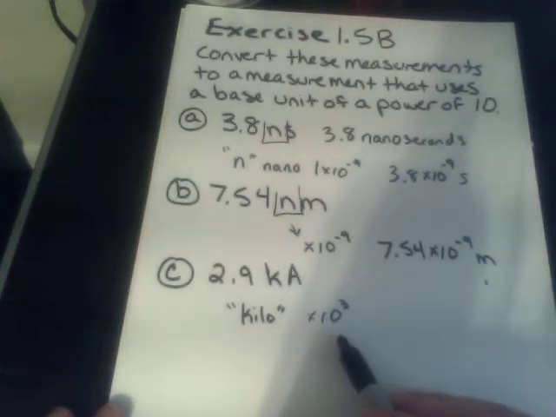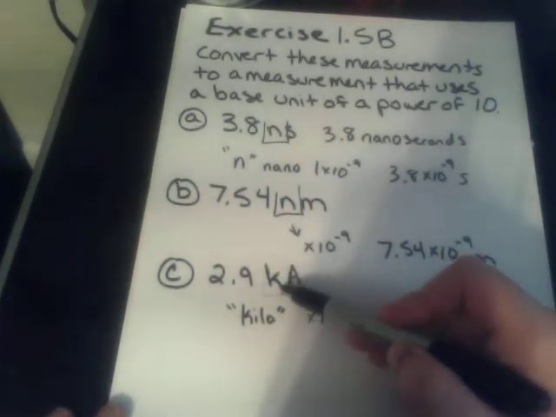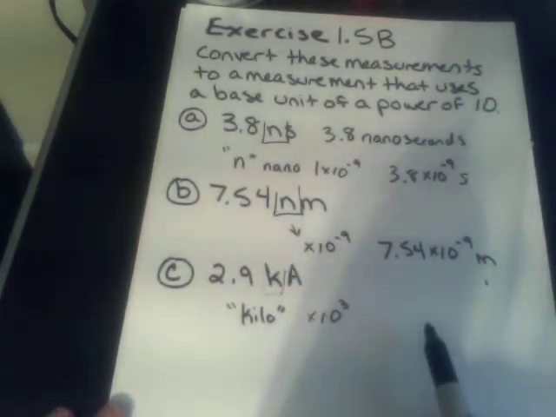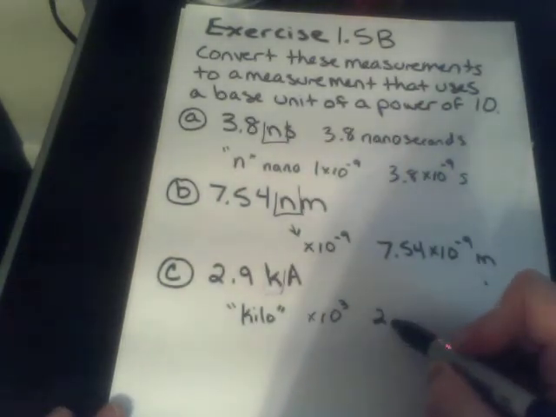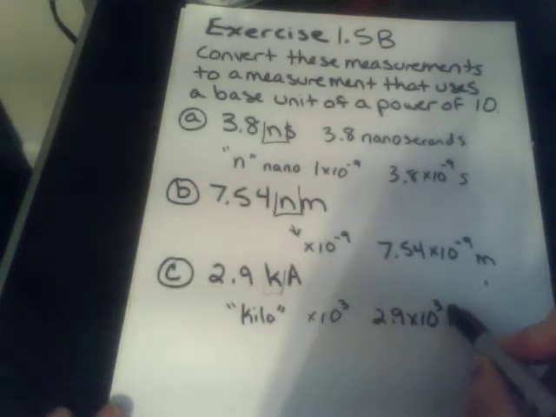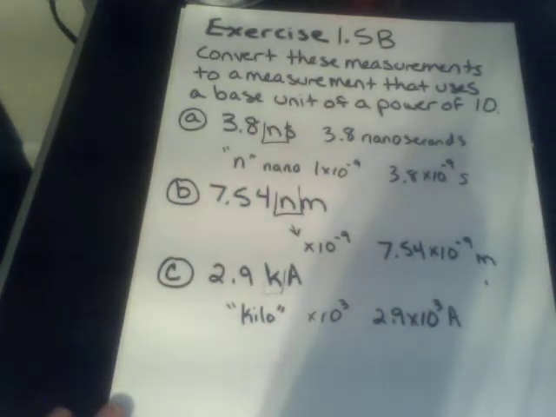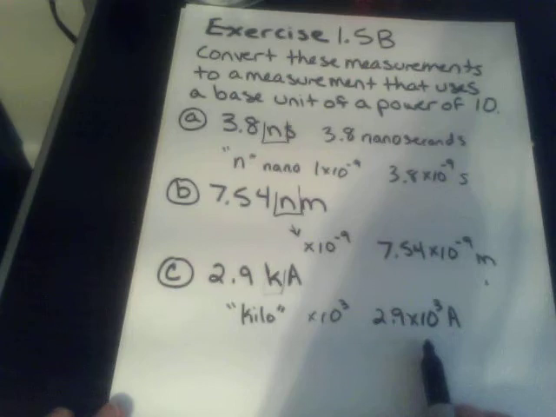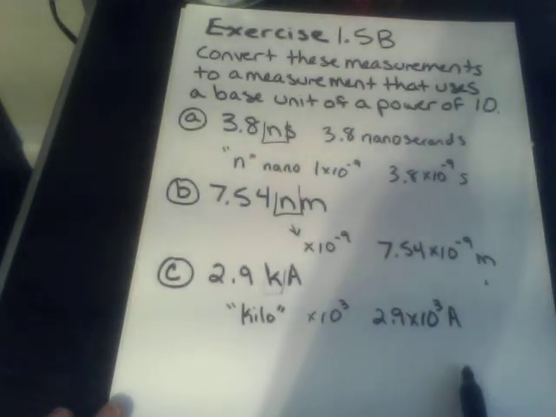So this times 10 to the third replaces the k term, right? So 2.9 times 10 to the third amperage. We could also call this 2.9 kiloamps.